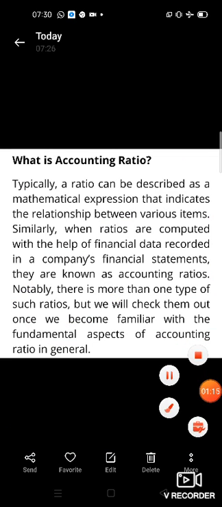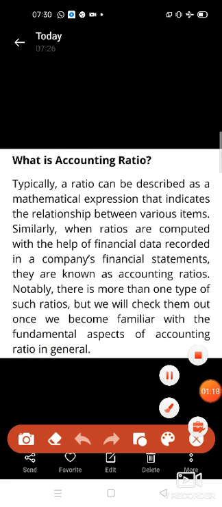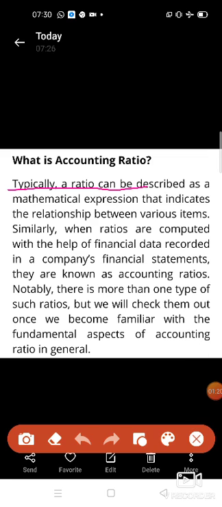Now, what is accounting ratio? Typically, a ratio can be described as a mathematical expression that indicates the relationship between various items.